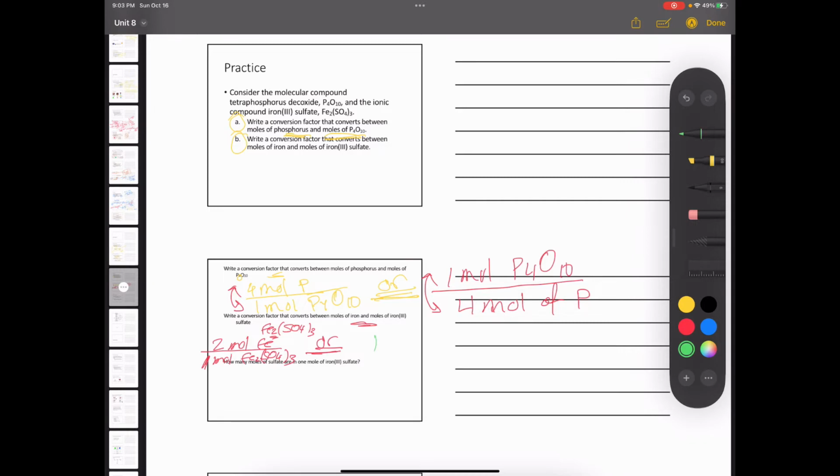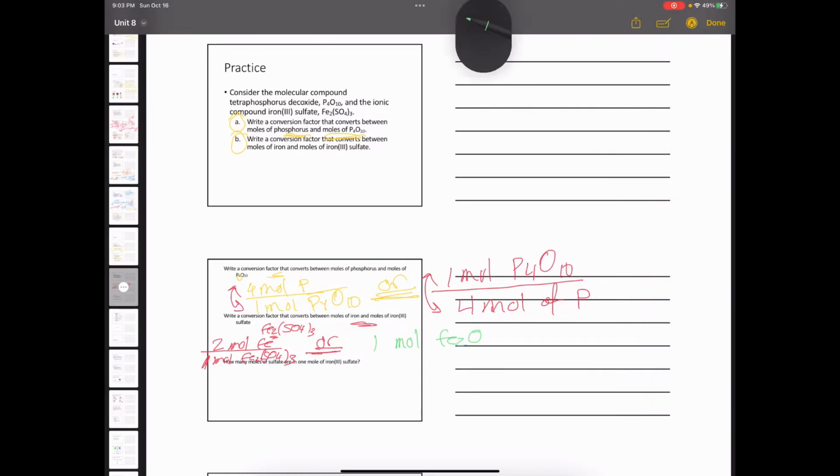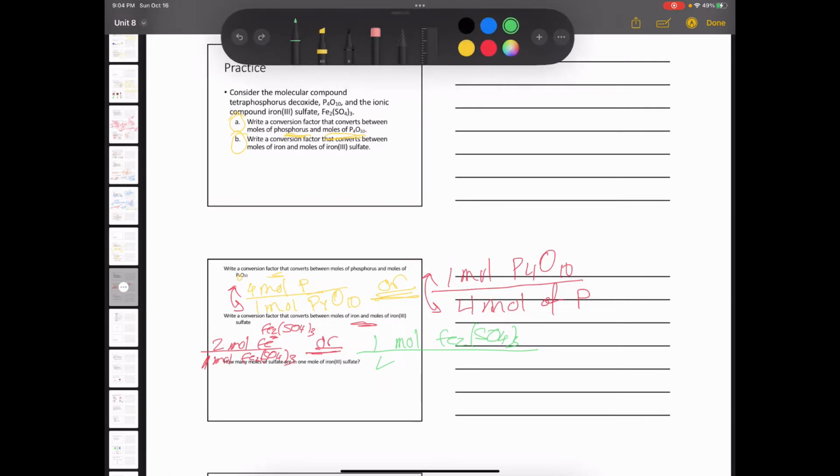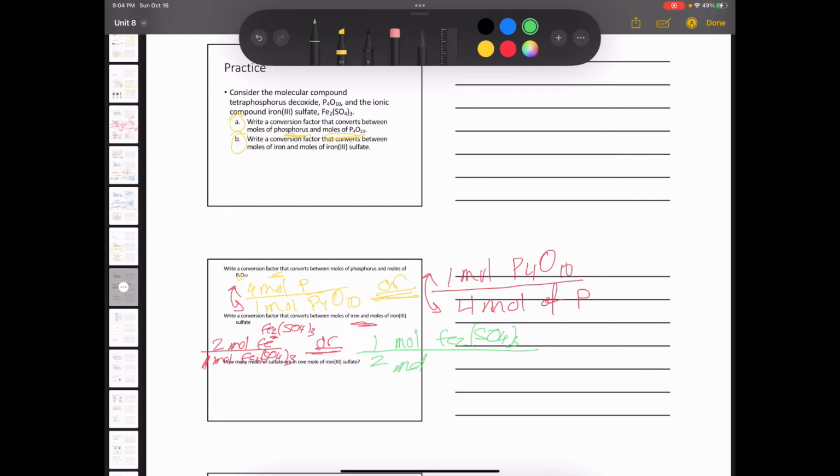I can say 1 mole of Fe2(SO4)3 contains 2 mole of Fe3+ ions.